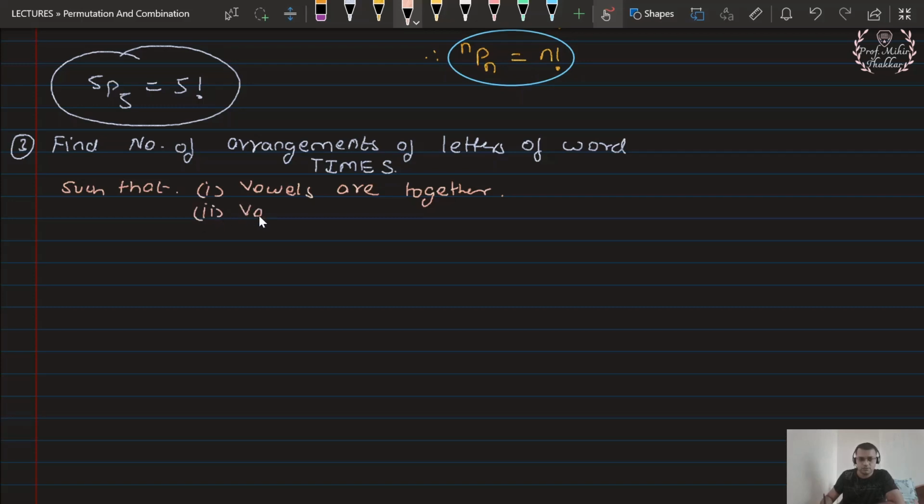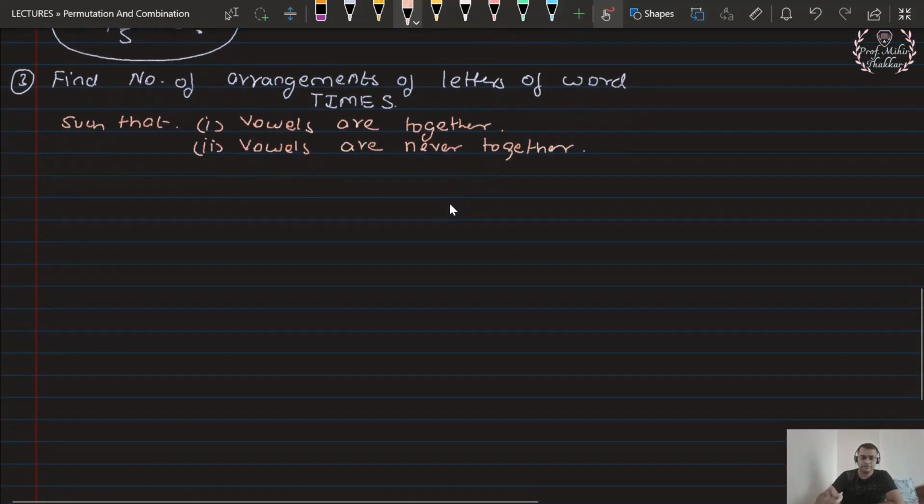Case number 2, vowels are never together. So let us see how we apply this case one by one.